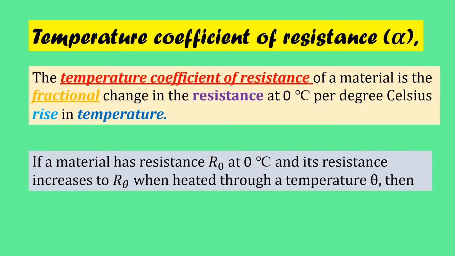So if a material has a resistance R0 at 0 degrees Celsius, and its resistance increases to R theta when heated through a temperature theta, then we have this relationship between the temperature coefficient of resistance and the change in temperature. Alpha is equal to R theta minus R0, divided by R0 times theta, the change in temperature.